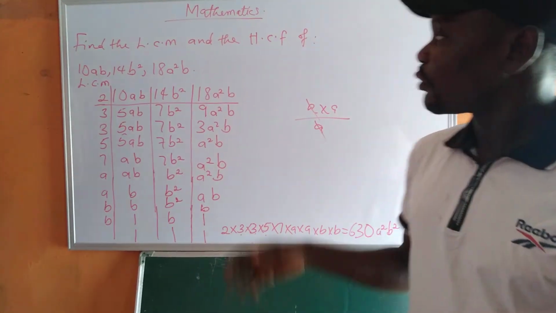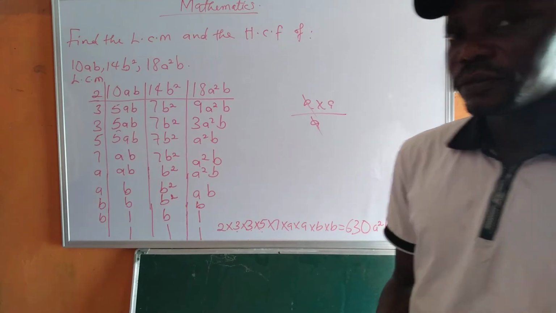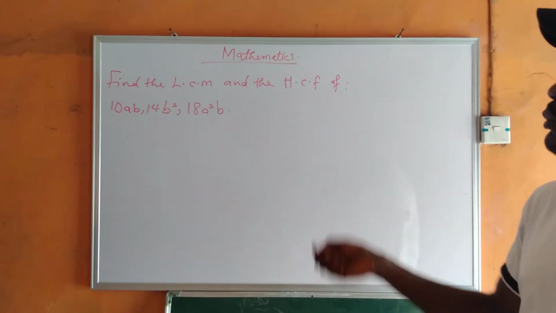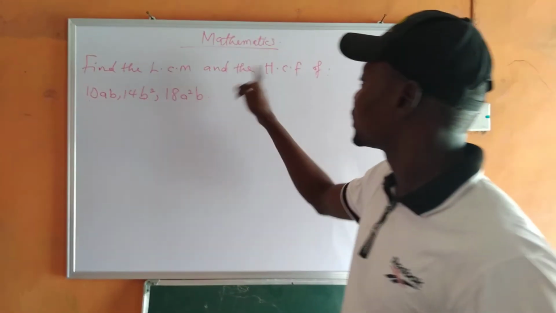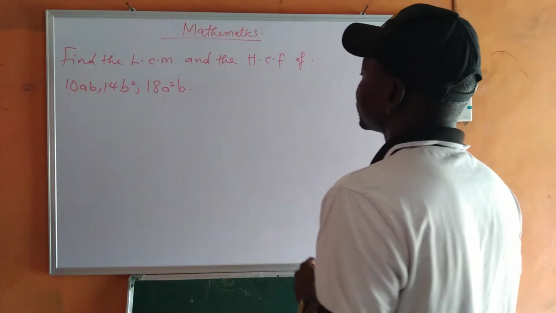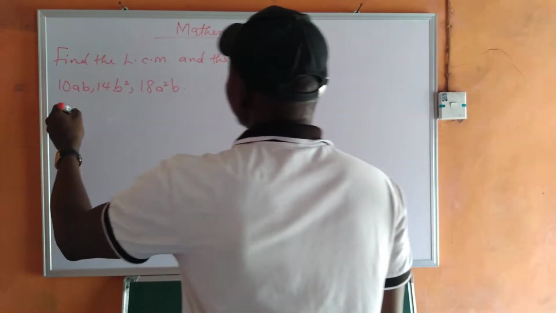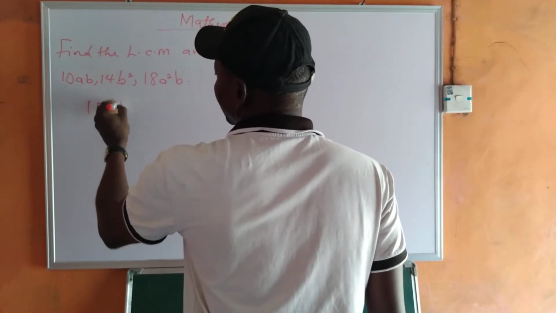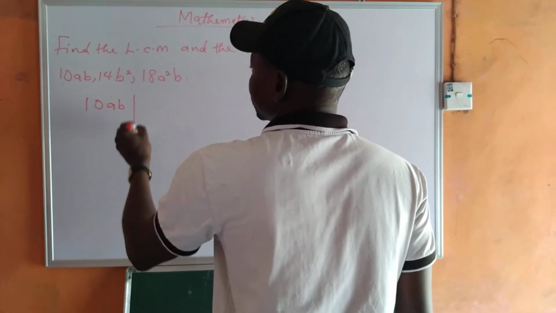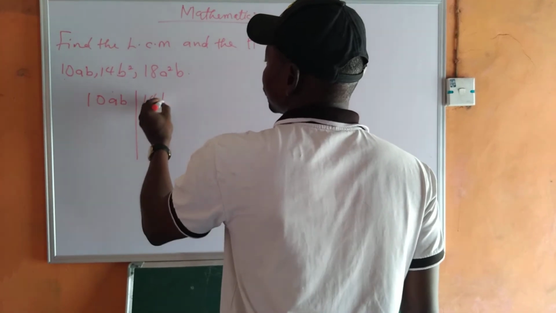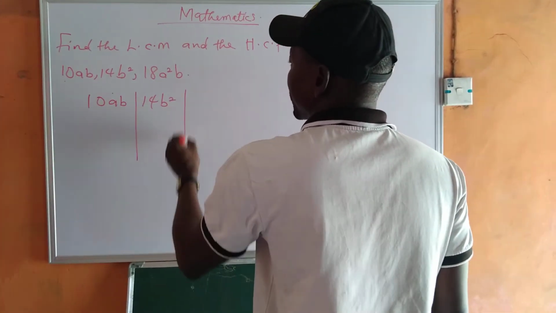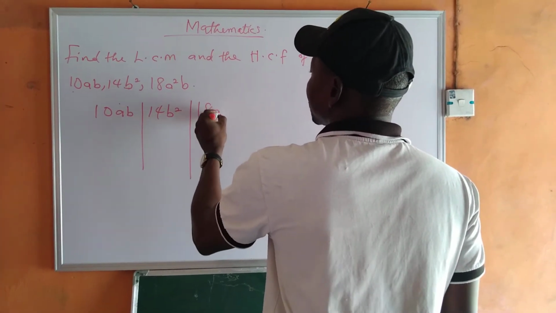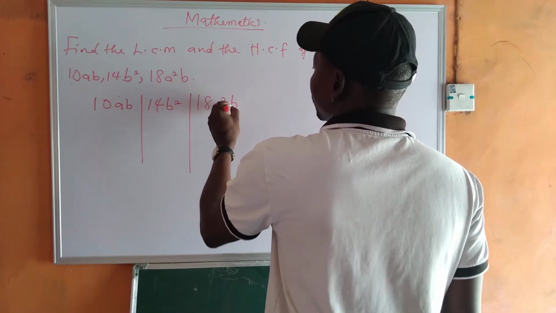Now, let's go for the H.C.F. It's time to get the H.C.F. Now, the H.C.F will be like we did before: 10ab, then 14b square, 18a square b.